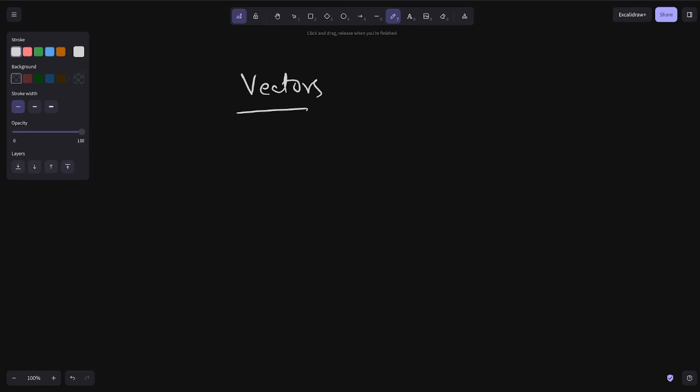So, vectors is where we start linear algebra. So in simple terms we can say a vector is a list of numbers, which will give you a magnitude, which will also give a direction.